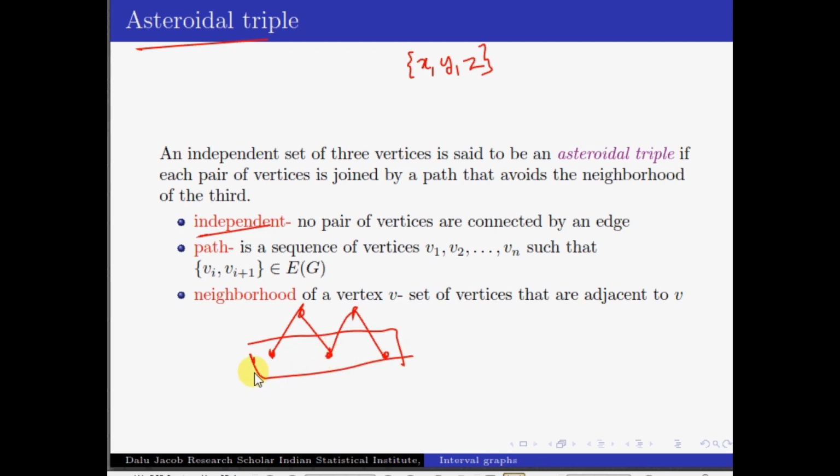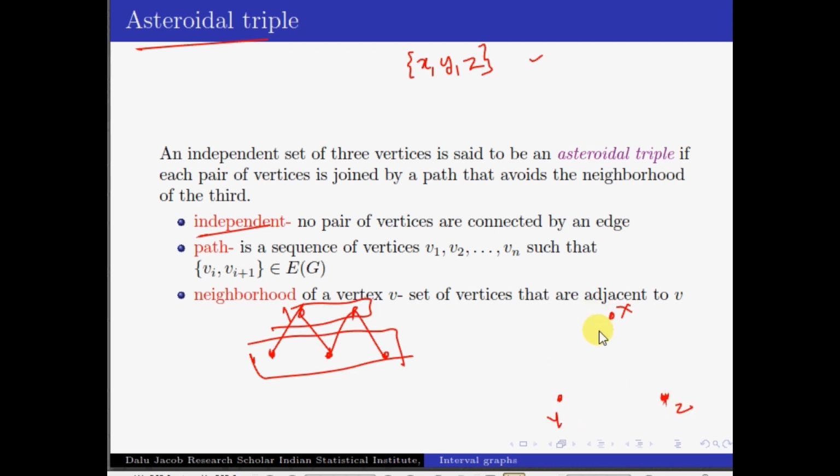Similarly, these 2 vertices also form an independent set because they are also not connected to each other. So such a set of vertices in which no pair is connected by an edge is called an independent set. So the first condition for the asteroid triple is that it has to be independent. So suppose this is x, this is y and this is z, then there cannot be any edge between these 3 vertices.